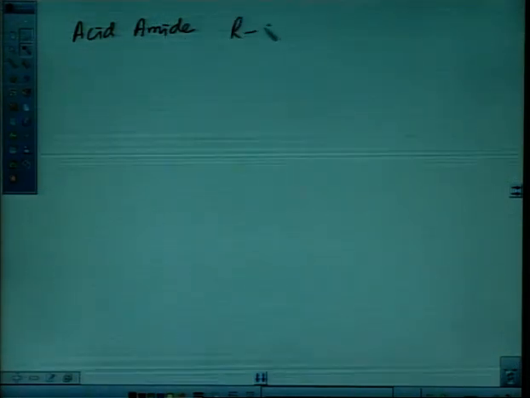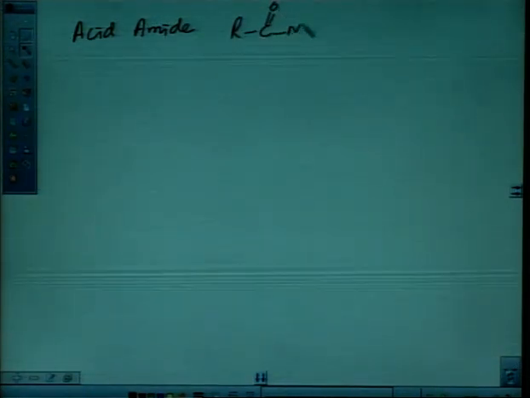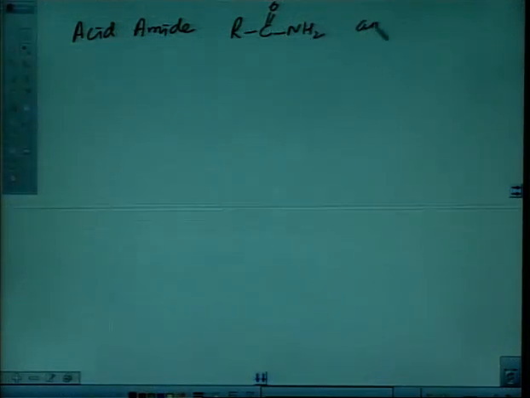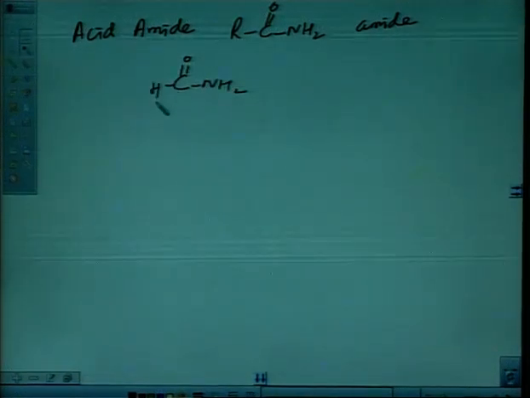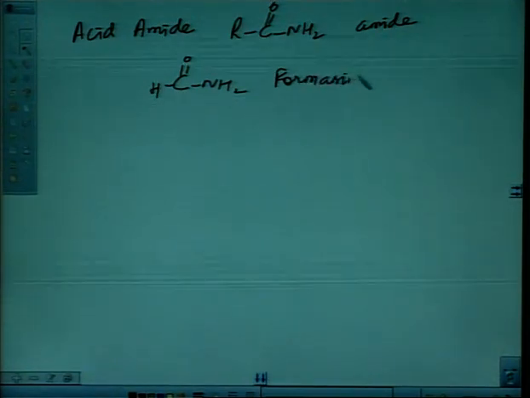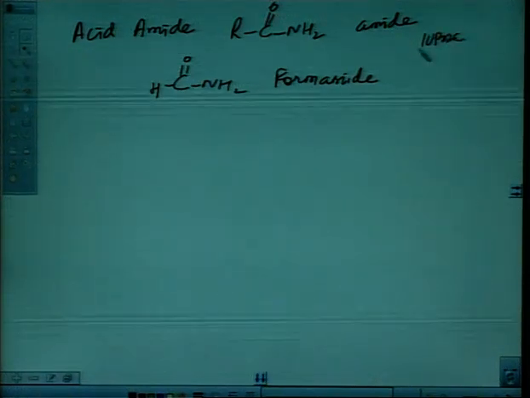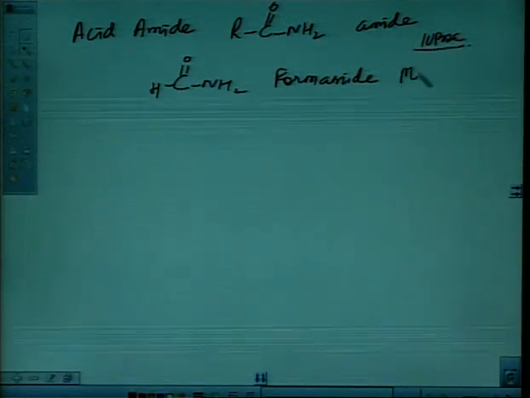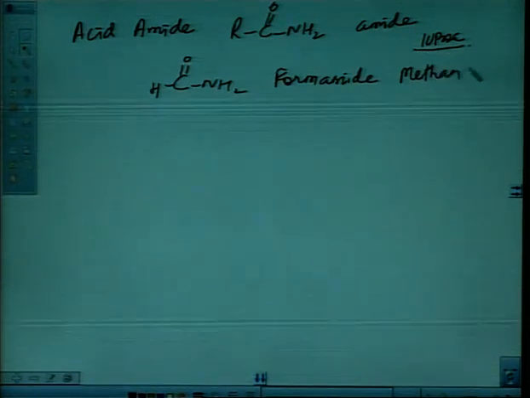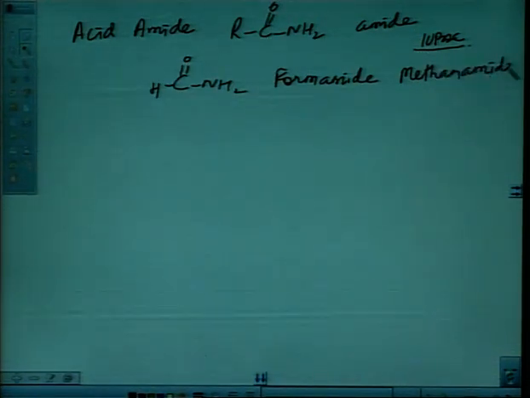Okay. The next family is acid amide, and the functional group is CONH2, and the suffix is amide. The first member of the family is HCONH2. The name is formamide, and the IUPAC name is methanamide. The e of methane is omitted.